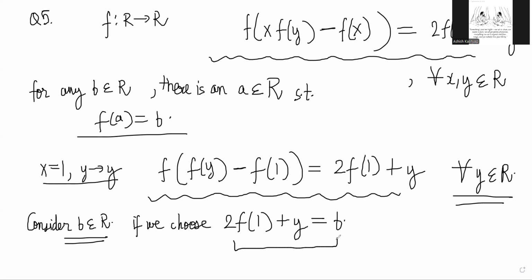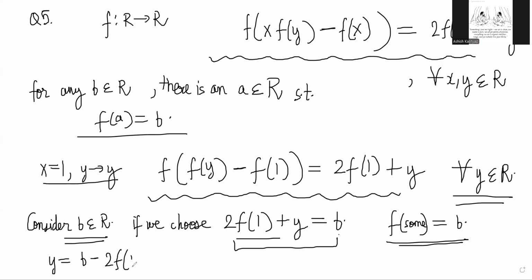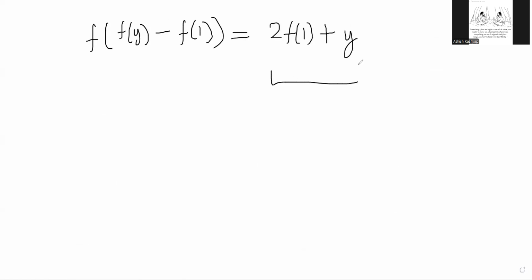In that case, we will get f of something is equal to b, right? So for any b equal to a real number, we can say that b is this. So basically we are saying y is equal to b minus 2f of 1, right? And in that case, the condition that you're getting is f of f of y minus f of 1 is equal to 2f of 1 plus y. We are calling this part as b.